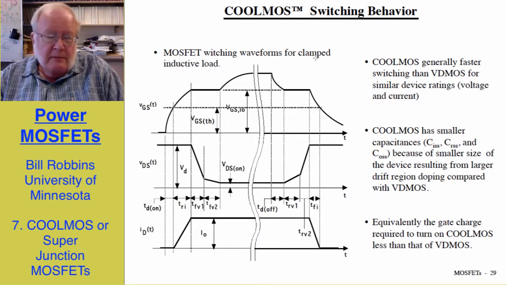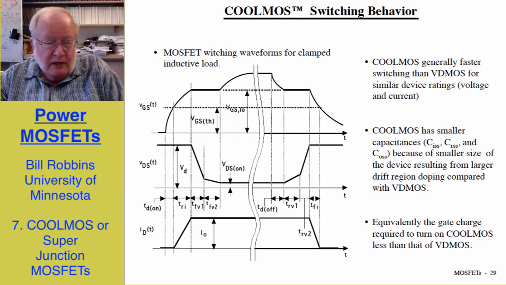Finally, a few words about the switching behavior of cool MOS. Here I show a MOSFET switching waveform for a clamped inductive load. Cool MOS is generally going to be faster than vertically diffused MOS for similar device ratings, that is, similar voltage and current. The reason being, cool MOS is going to have smaller capacitances, including C-ISS, C-RSS, and C-OSS.